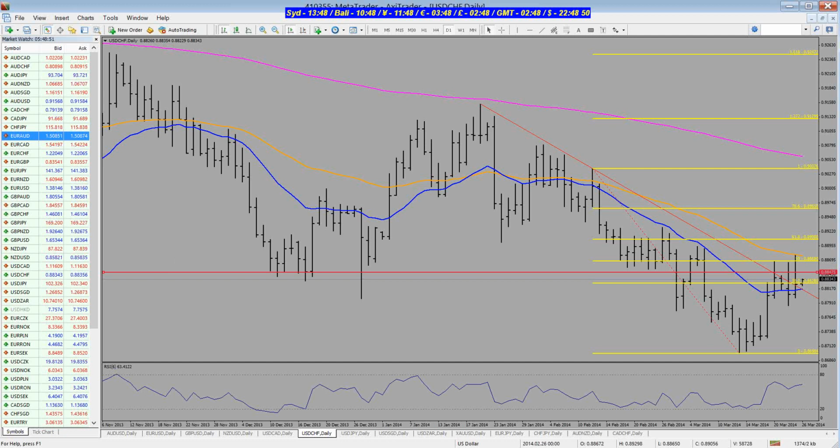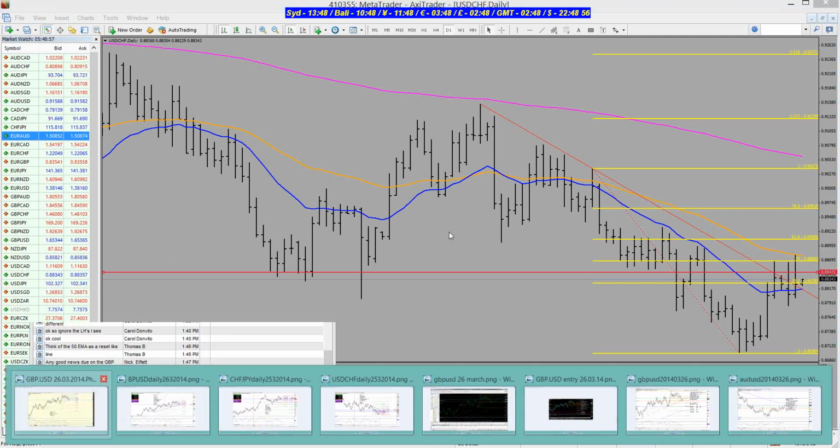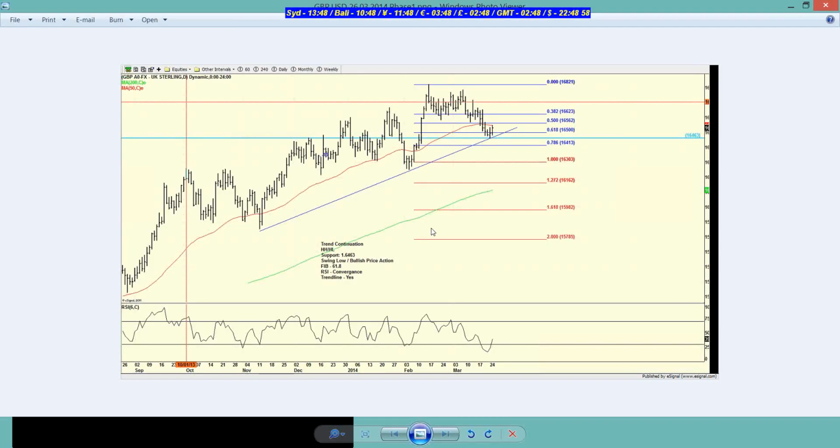Pound, is your support line drawn correctly? You got 164.63. Yeah, that seems to be valid. You got this high here, and certainly reacting to it again.